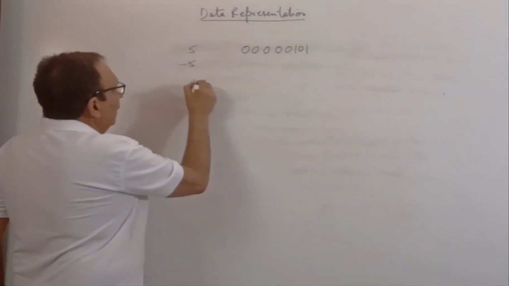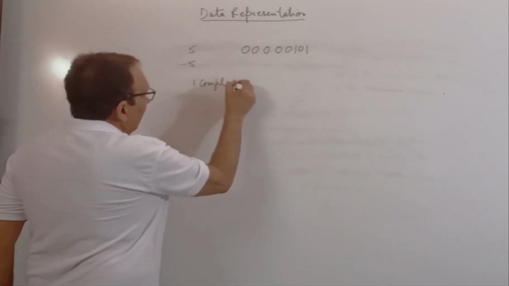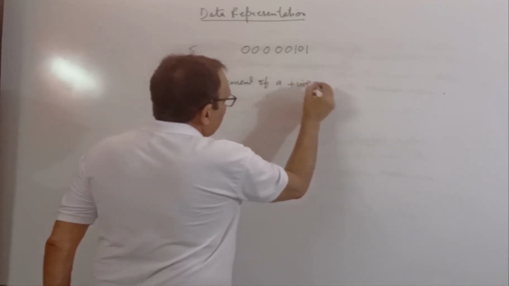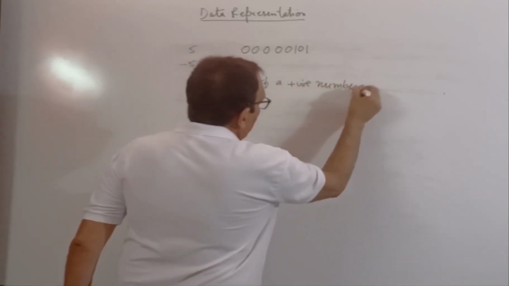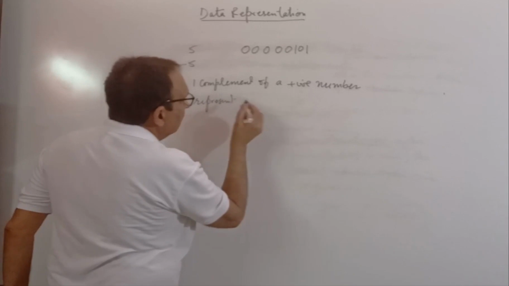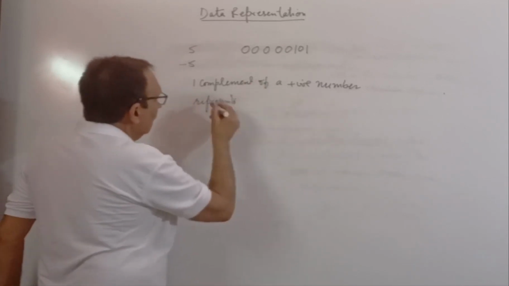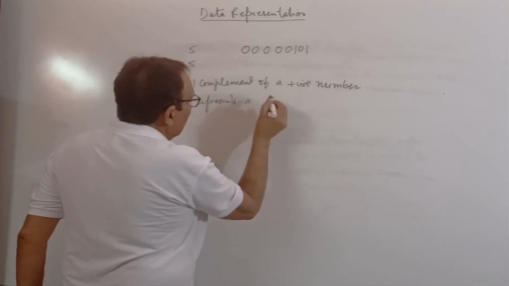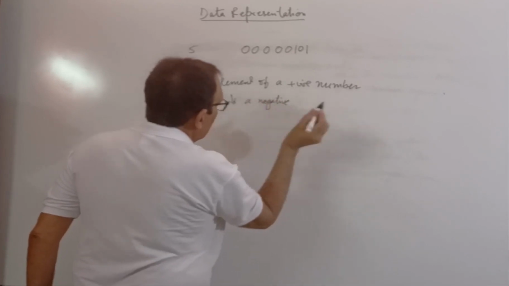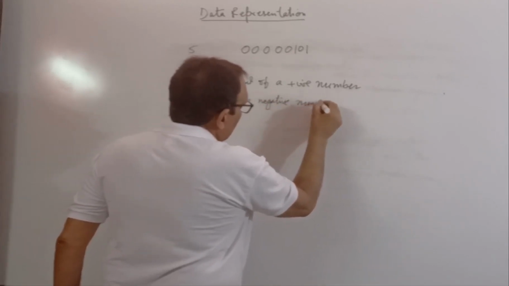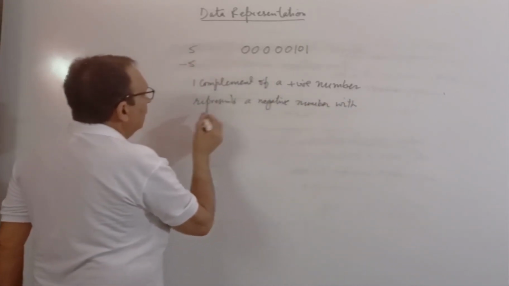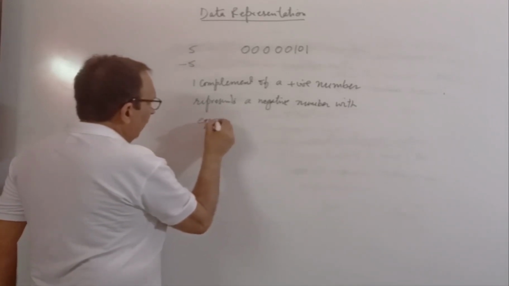So the 1's complement of a positive number represents a negative number with equal magnitude.